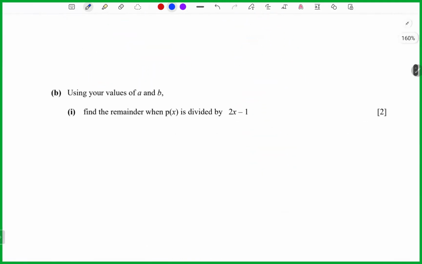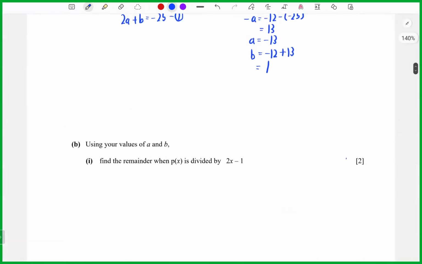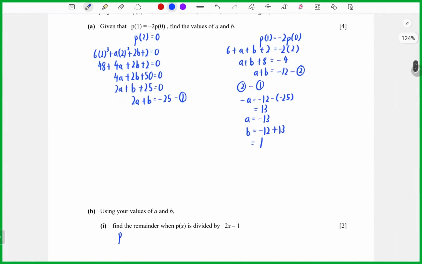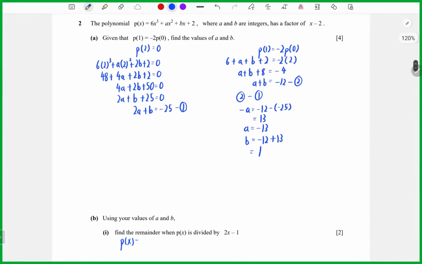Let's see part b. Use your values of a and b to find the remainder when p(x) is divided by 2x minus 1. In this case, we need to use the remainder theorem. So I write out p(x) first: p(x) equals 6x cubed minus 13x squared plus x plus 2.